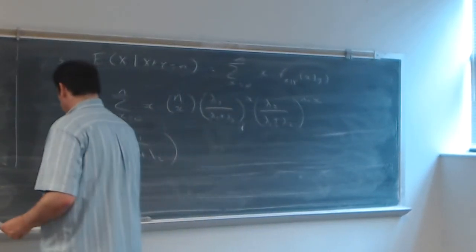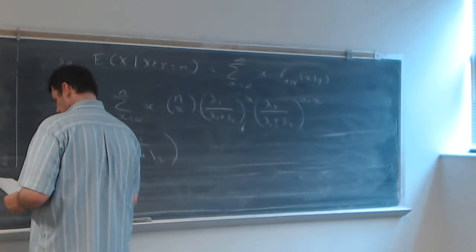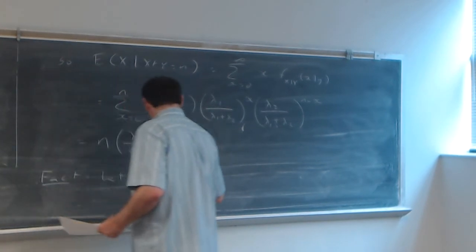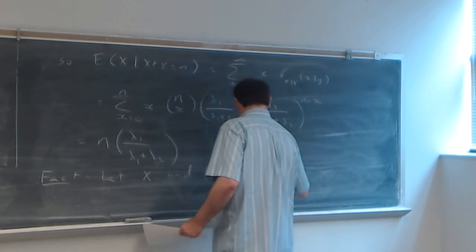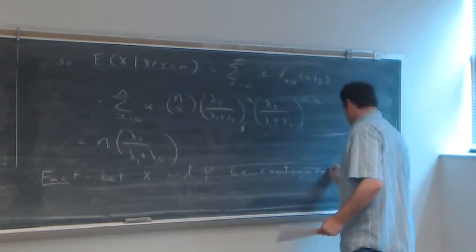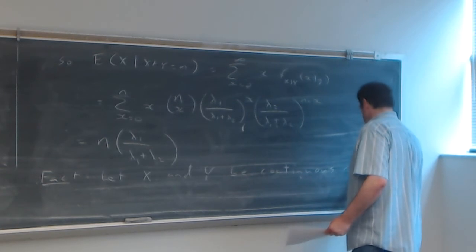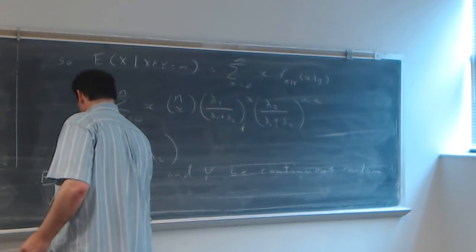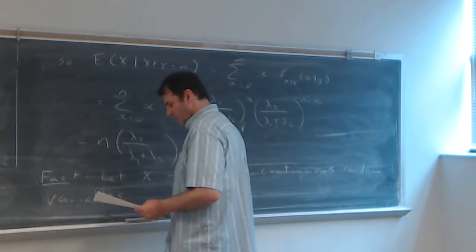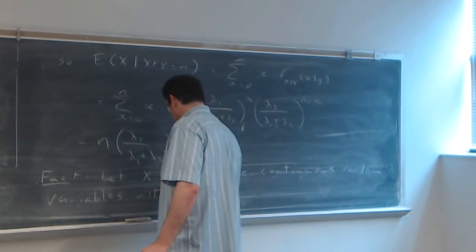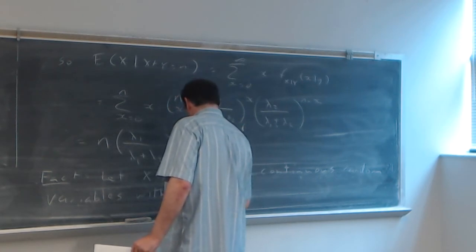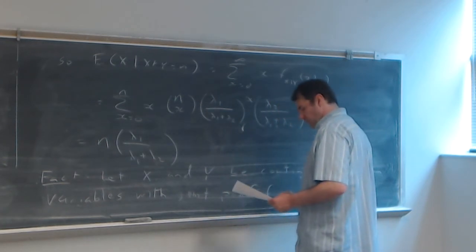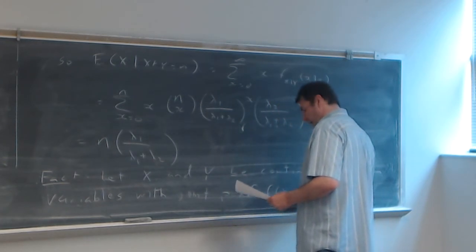Let me write down the fact and prove it. It says the following. We're going to let x and y be continuous random variables with joint PDF f of x comma y.